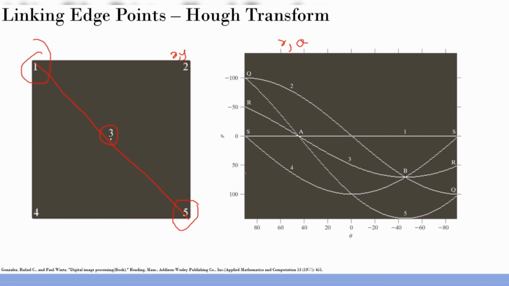So 1 was actually this line, 3 is this one, and 5 is this one. So this curve, this curve, and this curve coincide at this point, and that is basically A. And this is that line which coincides at A.